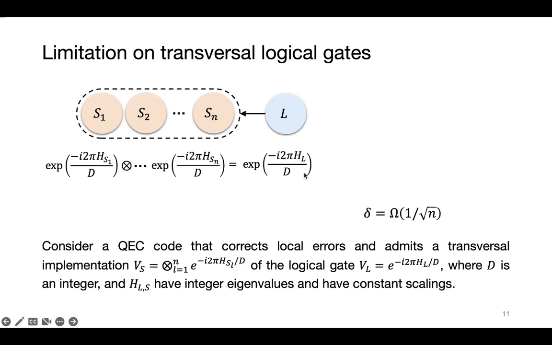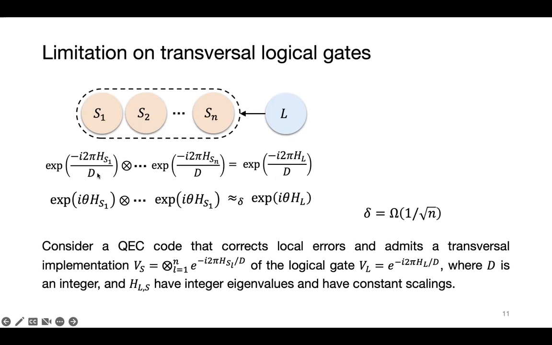And furthermore, we assume that there's this transversal logical gate acting on the quantum error correcting code, which has this form. So D is kind of representing the precision of this rotation of H_L. So the larger D is, the higher the precision of this H_L rotation is.